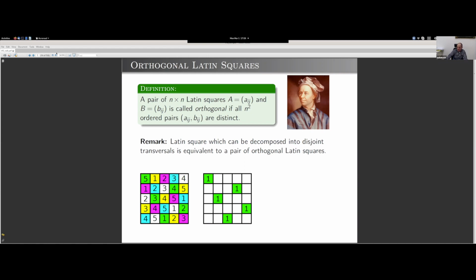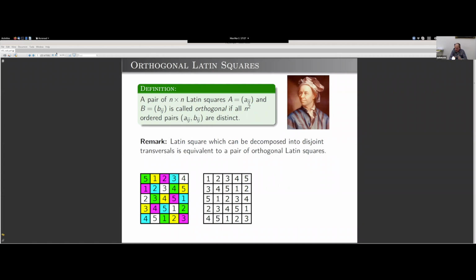Then I take my yellow transversal and put all 2s, then the purple one and put all 3s, then the blue one and put all 4s, and finally in the white one I put all 5s. So I got another Latin square.